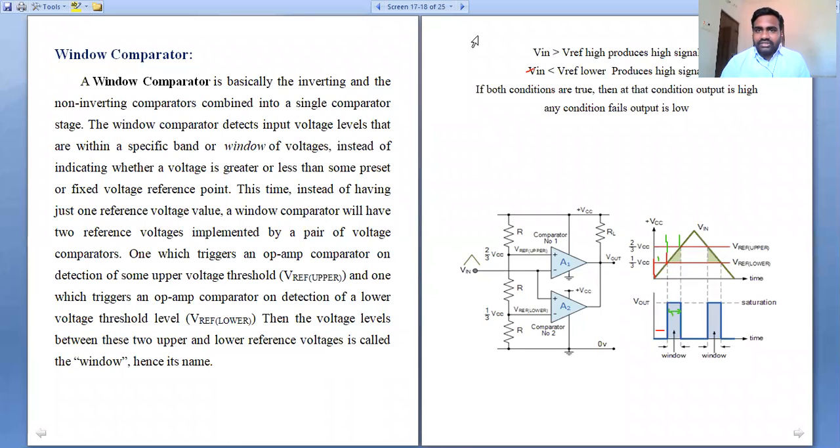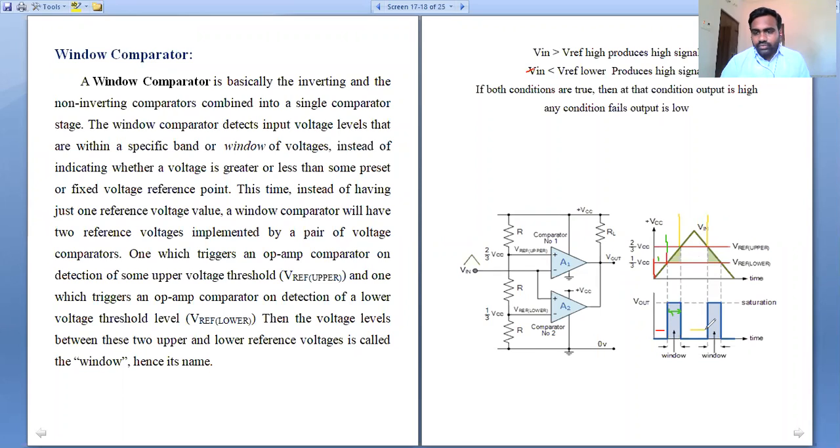Okay, again at the third instant, what happened? See, at the third instant value, at this particular voltage peak, the input voltage is greater than the upper threshold value, but the input voltage is again greater than the lower threshold value.